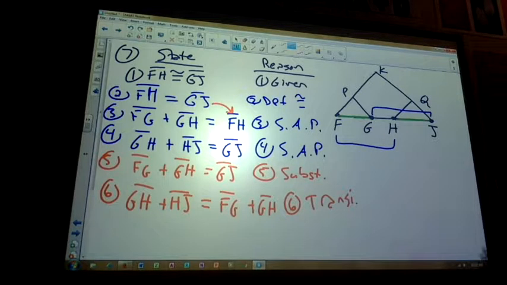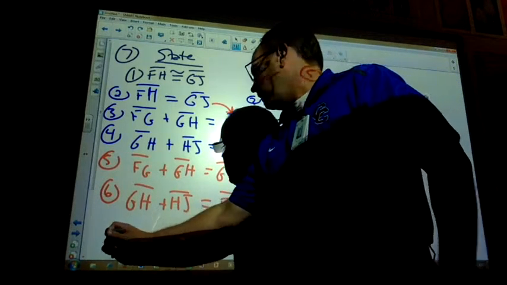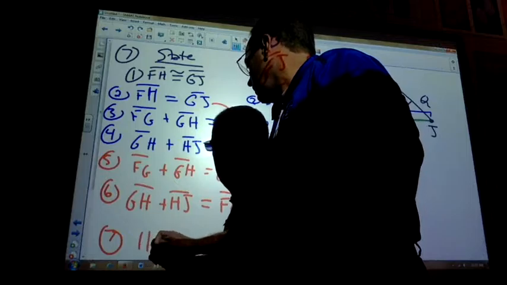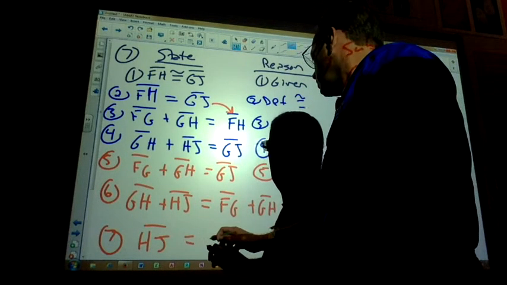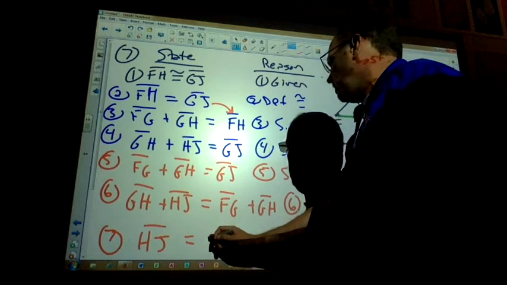So if transitive works there, then I can make this move and say that HJ is equal to FG.